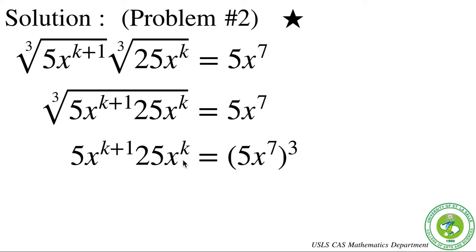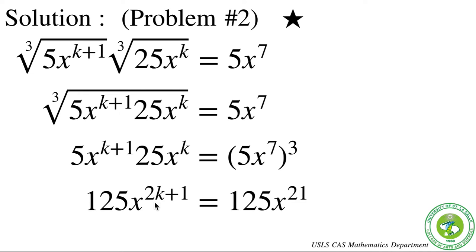Here we have k plus 1 and k, so adding them gives k plus 1 plus k, which is 2k plus 1. So we have 125 as our coefficient, x raised to 2k plus 1.